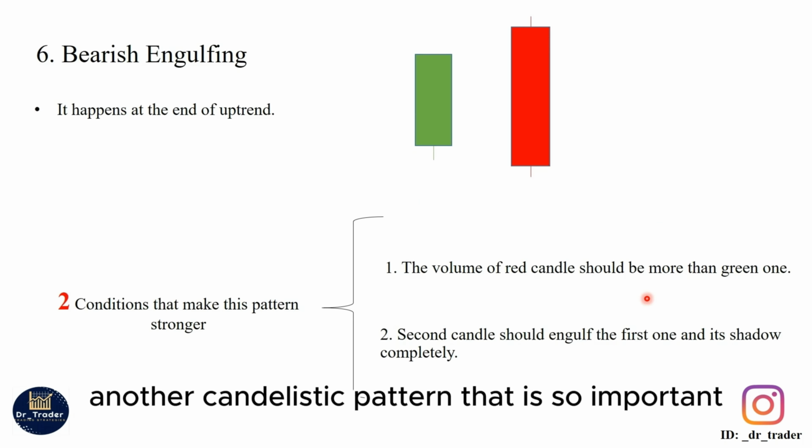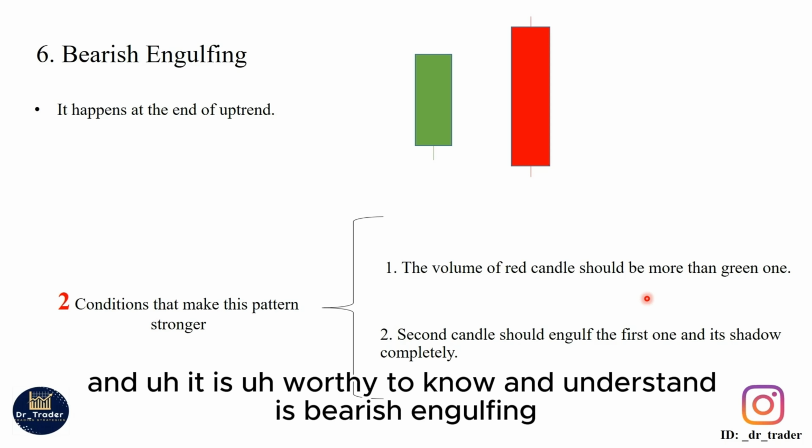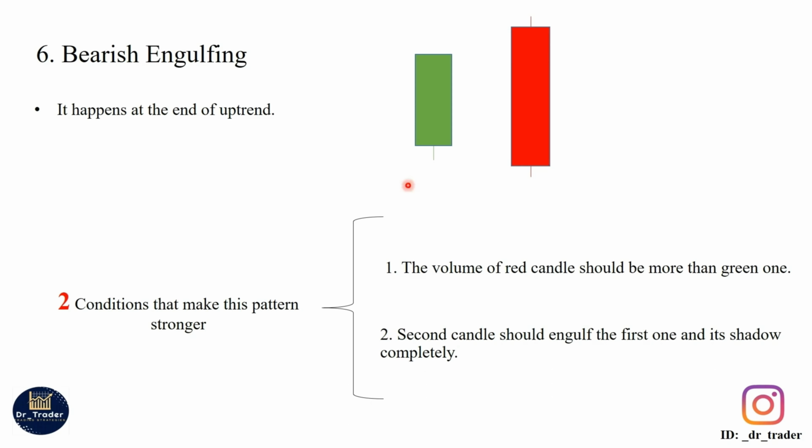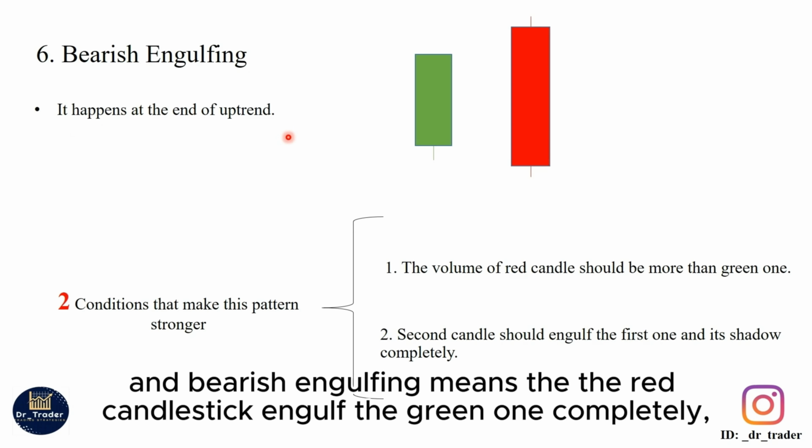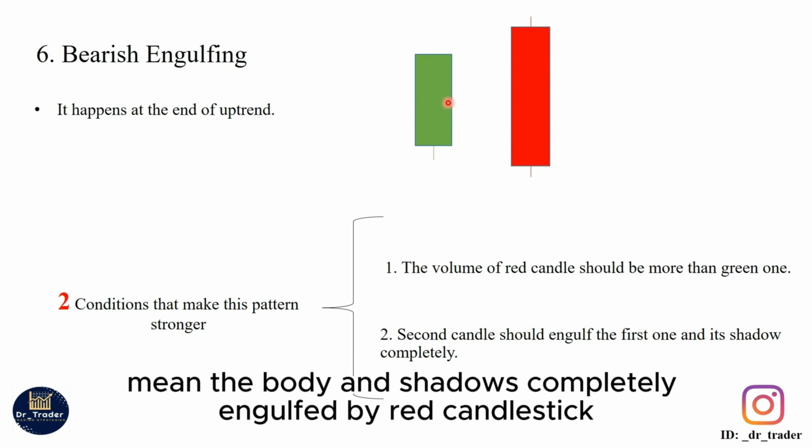And another candlestick pattern that is so important, and worth knowing and understanding, is bearish engulfing. It mostly happens at the end of an uptrend. Bearish engulfing means the red candlestick engulfs the green one completely. I mean, the body and shadows are completely engulfed by the red candlestick.